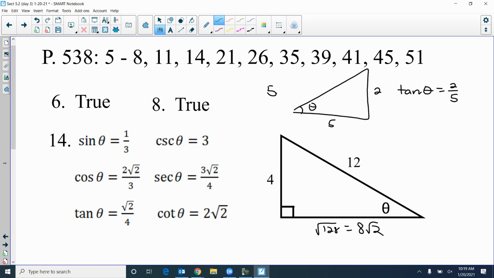The triangle can be any triangle that reduces to 2 over 5. So this could be 4 and that could be 10. Any multiple, you just multiply both by a number. If I multiply both by 3, 6 over 15. So it could equal 2, but doesn't have to equal 2.